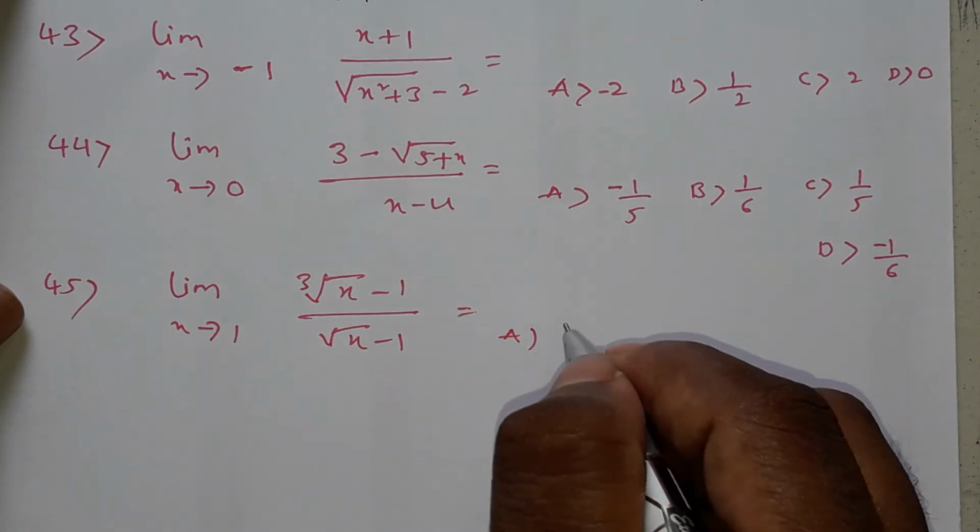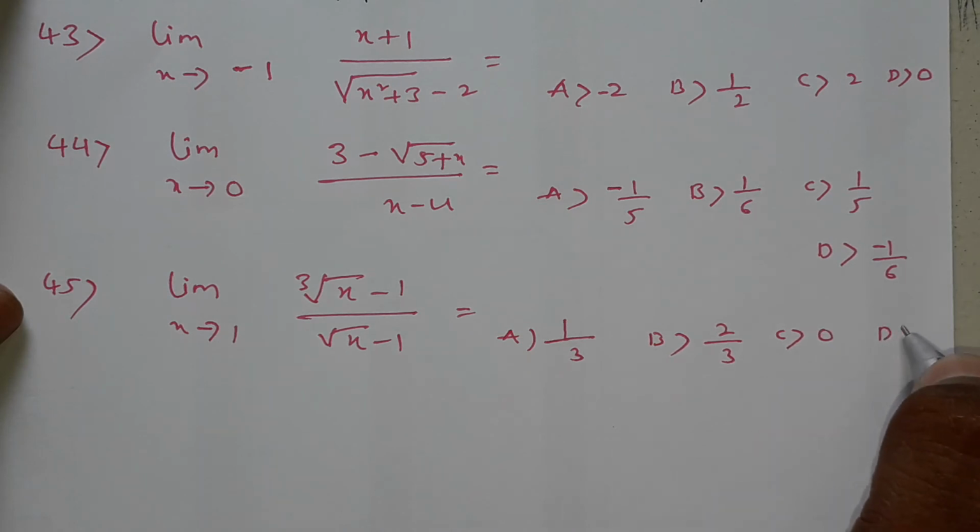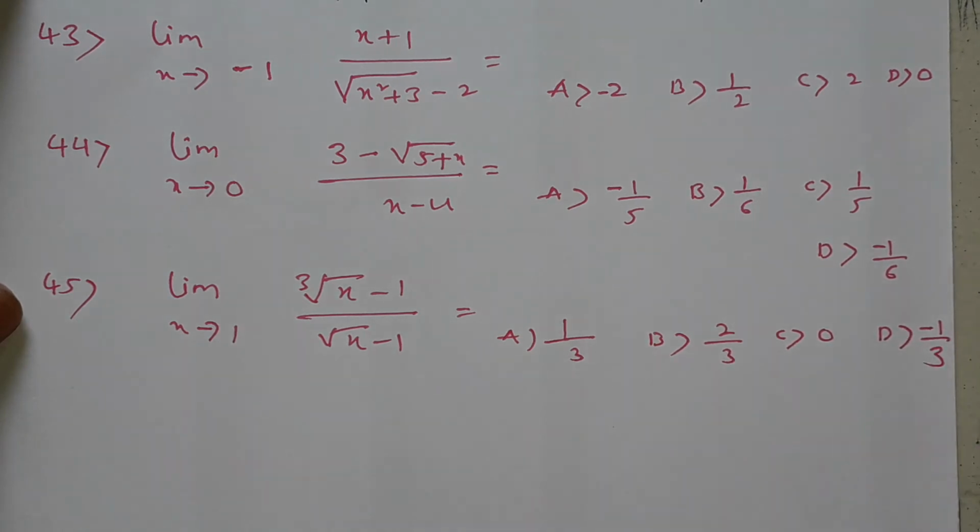Option A equal to 1 by 3, option B is equal to 2 by 3, option C is equal to 0, option D is equal to minus 1 by 3.